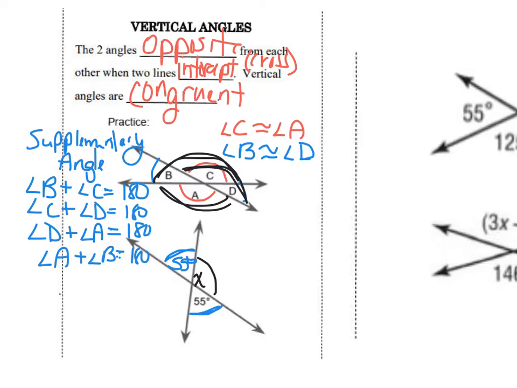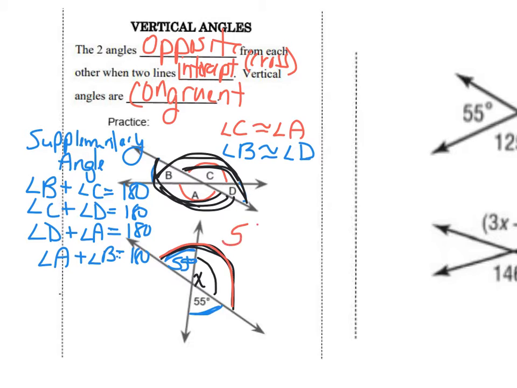D and A are supplementary, and A and B are supplementary. So in this case, these two are supplementary, aren't they? Would it be 70? How are you getting 70? I just did 55 plus 55. Well, no, because those are opposite angles. They're not supplementary angles.